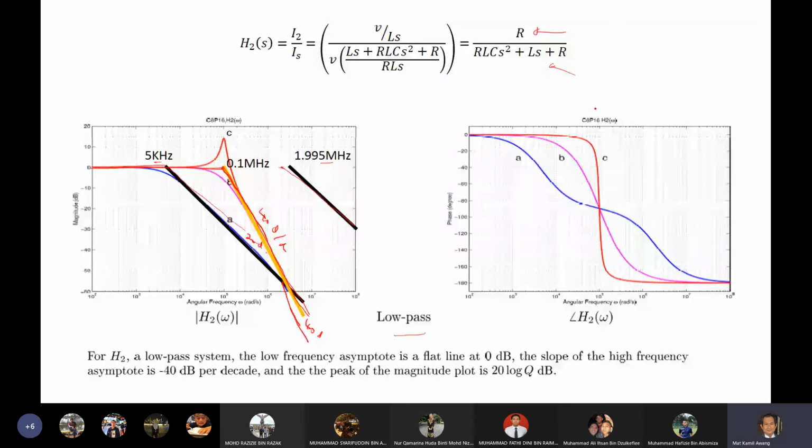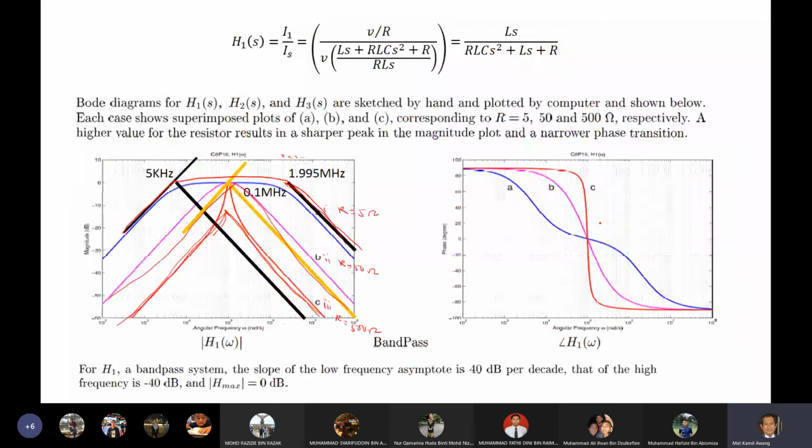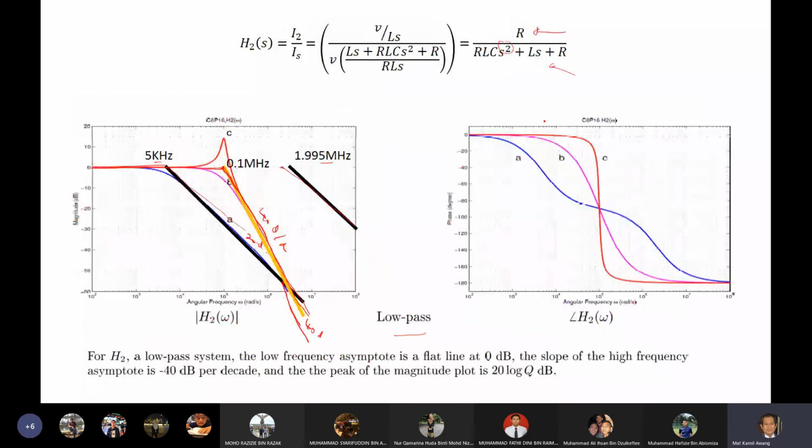It's like this, you have 2 poles, right? And you have no zeros because no s on top. In this case, you have 1 zero at the origin, and you have 2 poles. Now we go to high pass.